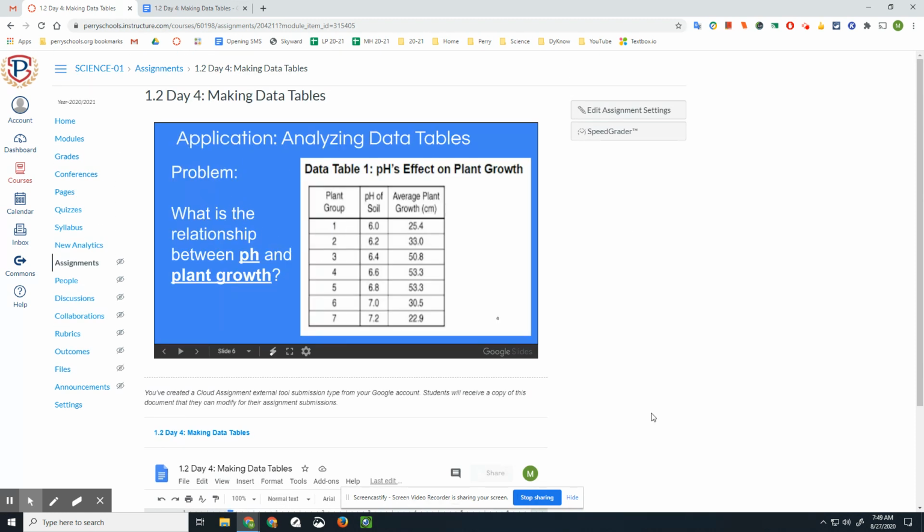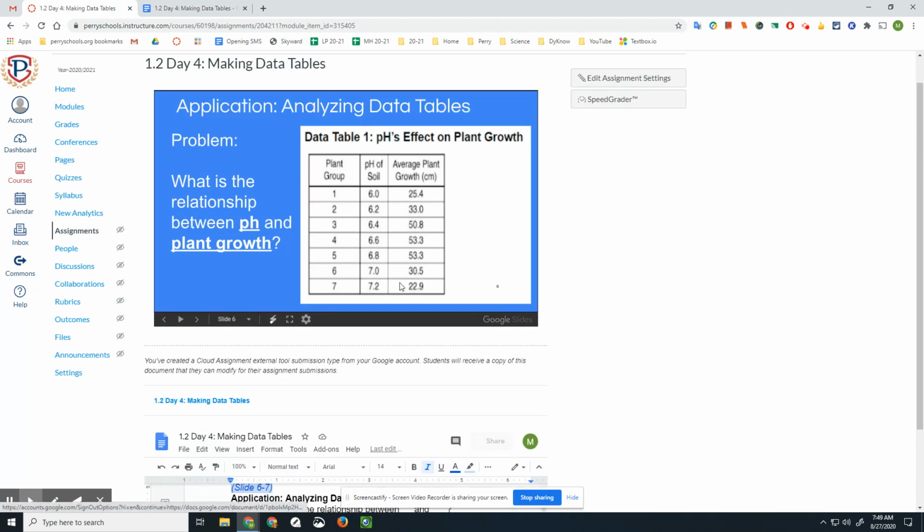You're looking at this data table, and you're going to try to figure out the problem or question, the first part of the scientific method: what is the relationship between pH and plant growth? So look at this data table. You've got these 7 different plants. Everything's exactly the same in these plants: the same amount of water, same size of plants, same amount of soil, same amount of sunlight.